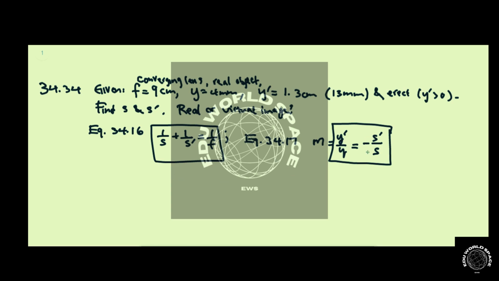So from this equation, I have that s prime is equal to minus y prime over y times s.